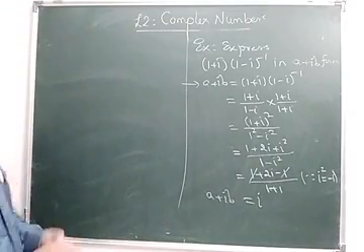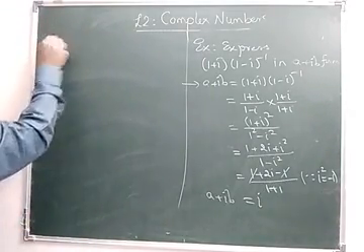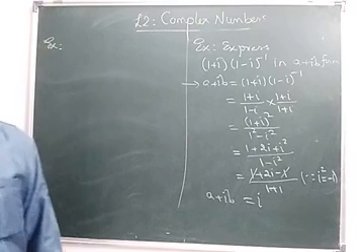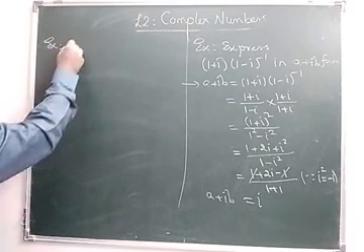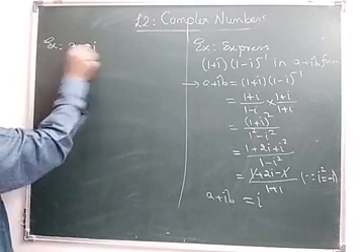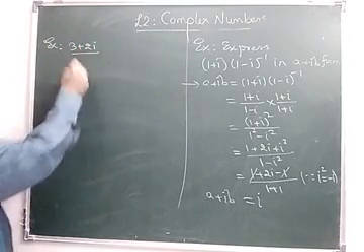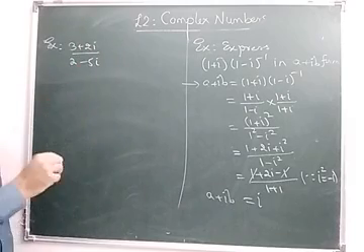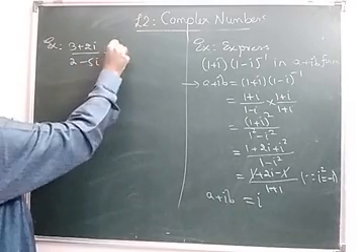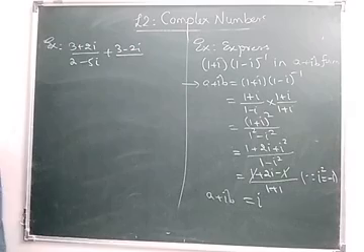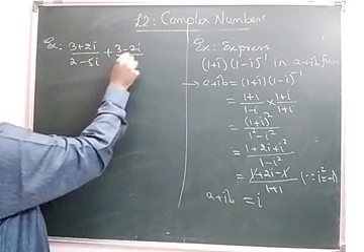So let's take one more example. Express the following in the form a plus ib: 3 plus 2i upon 2 minus 5i plus 3 minus 2i upon 2 plus 5i.